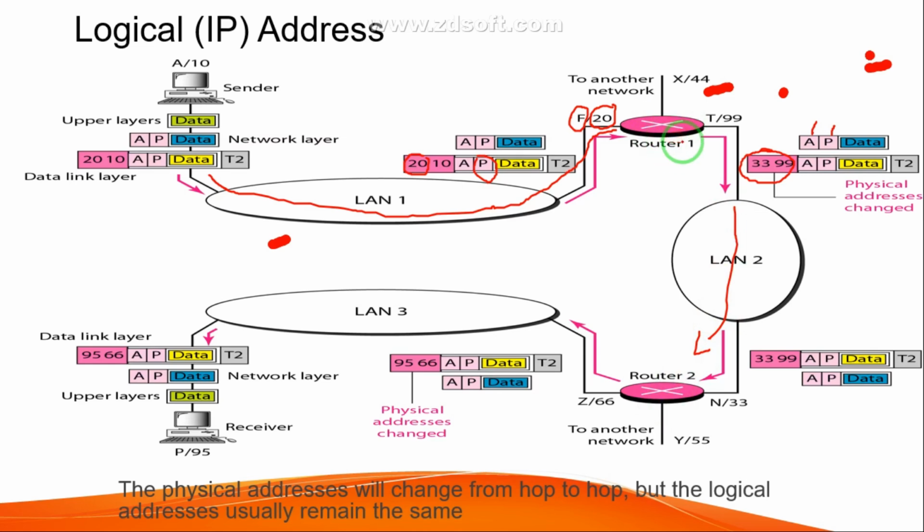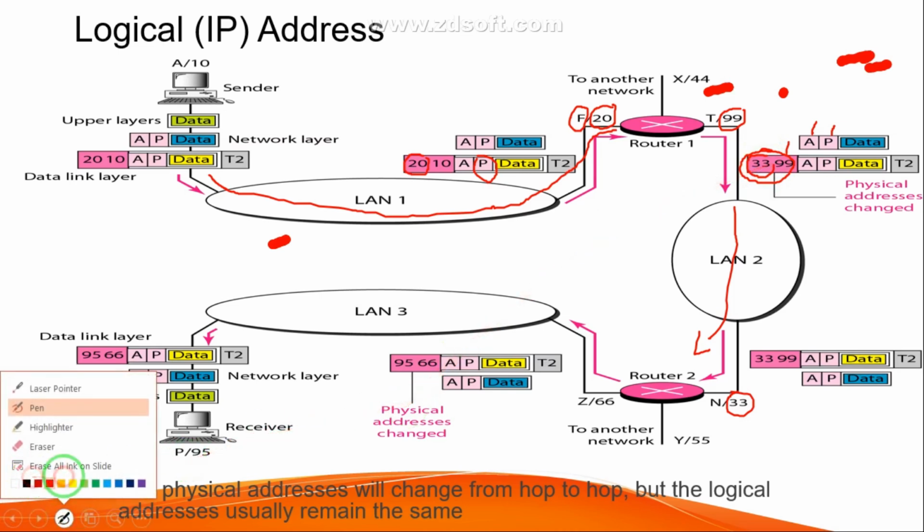Router 1 is the sender. And from which port? Port number 99 it has been sent. So that's why the source address becomes 99 over here. But since it is router 2 and it is going to reach the port address 33, what would be the destination? The destination is 33. Getting it?